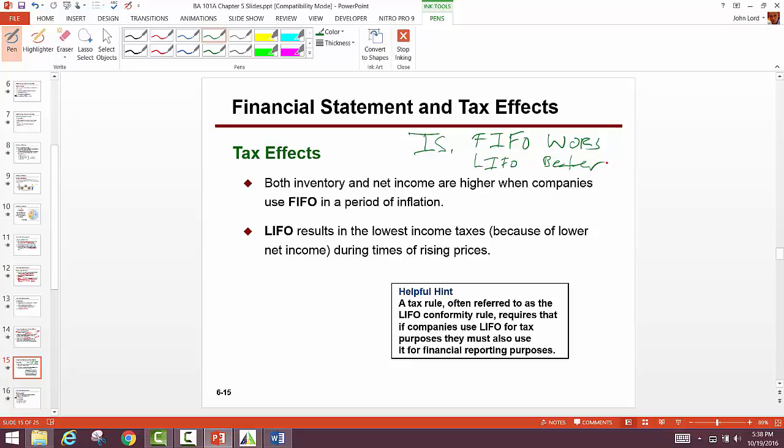Our inventory will be higher because we have those higher cost items in the back sitting in our ending inventory. Our cost of goods sold will be lower, so our net income will be higher, right? Lifo is the opposite. My ending inventory is going to be lower, the 425 ones. My cost of goods sold is going up, so my net income is coming down, right? Okay, good.